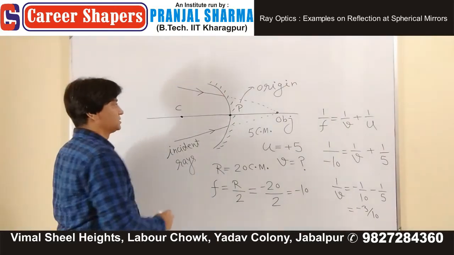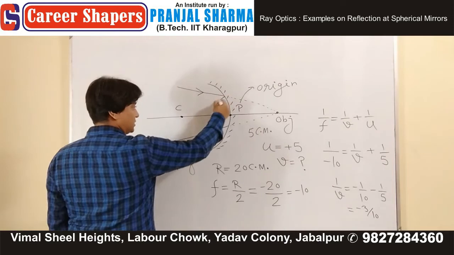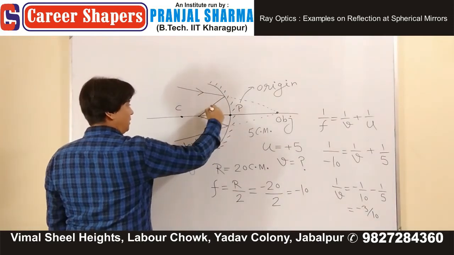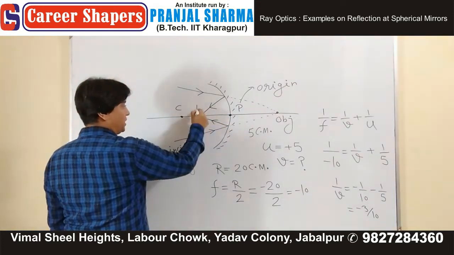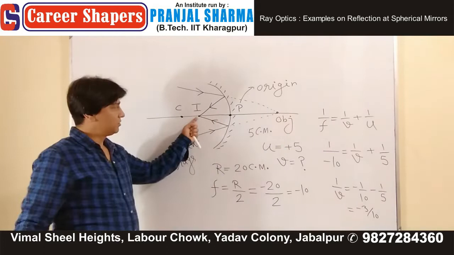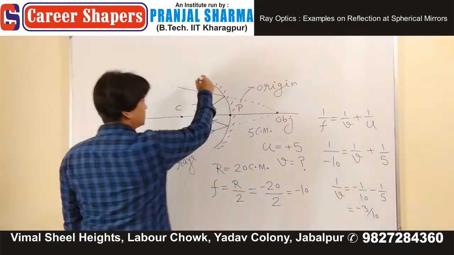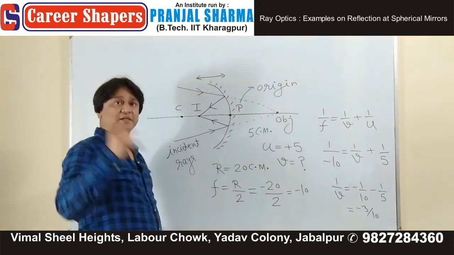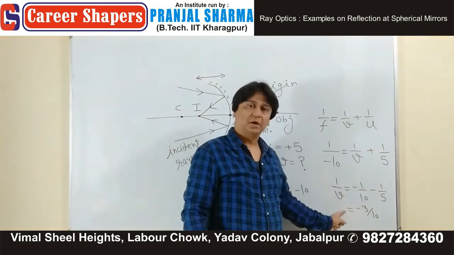That gives us intersection at this point. After reflection, rays are going to meet at this position, which is called position of the image, and this distance is coming what? 10 by 3. This is 1 upon v. So v is what?